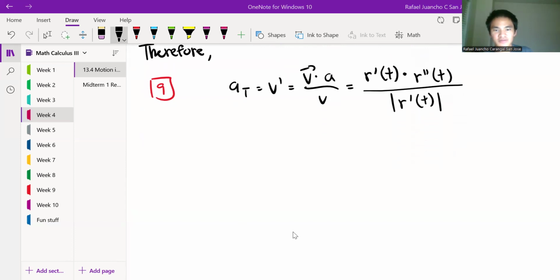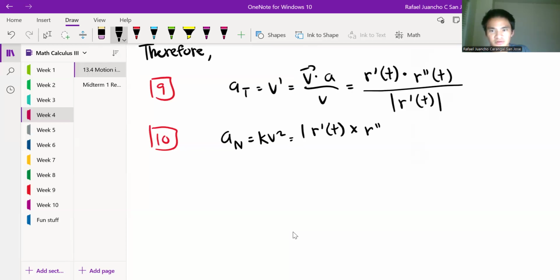And then lastly, using the formula for the curvature, now we have another important formula for our normal component. It's the curvature times the absolute value of r prime squared, and this is just the curvature formula for a plane.